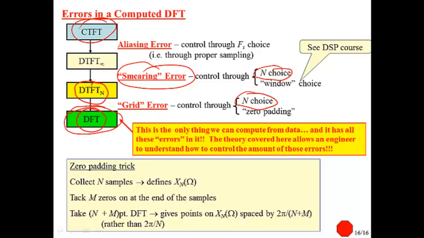So just again want to point out that this zero padding trick that we would use here just simply allows us to calculate on a finer grid more points on the smeared DTFT. That's all. So we'll go through a lot more of this during the class and look at some examples of how the processing works.